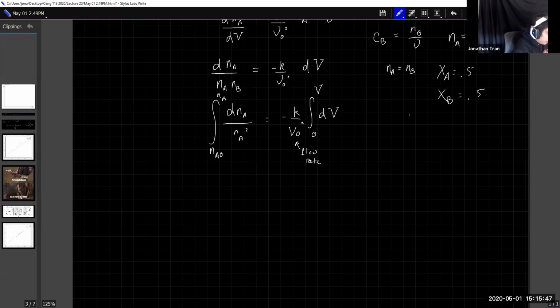So calculating this, the integral here is going to be negative 1 over x, and then we're evaluating from NA naught to NA. And then on the right side, we're just going to get the volume.